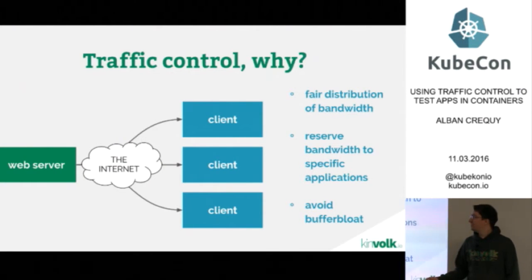We can use it to reserve some bandwidth for a specific application. If you have multiple kinds of traffic like DNS, HTTP, SSH, or UDP, we can set policies to decide how to share that. And we can use traffic control to avoid bufferbloat, to make sure that the buffers in the routers on the internet don't get too much data and cause latency problems.